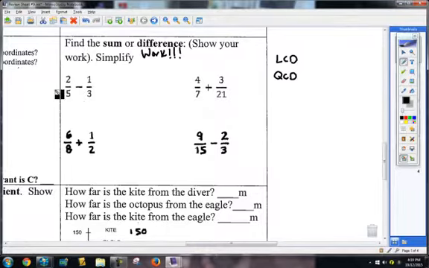The LCD just means the least common denominator, which means the least common multiple of 5 and 3, 7 and 21, 8 and 2, 15 and 3. The QCD is just when you simply multiply 5 and 3 to get a common denominator. Remember, this is called quick common denominator. 7 and 21, you could multiply them together and get a common denominator. That's not always the best. The LCD is the best, but sometimes this works too. Both of them always work, but you must have work on that one.